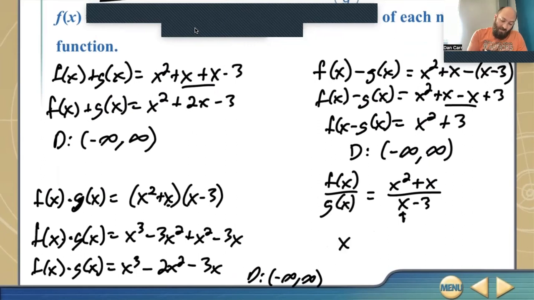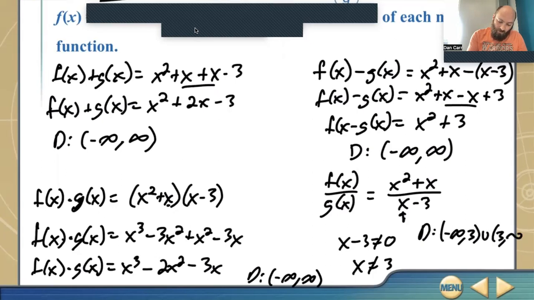So I could say x minus 3 cannot equal 0. So x cannot be 3. So as long as this function, f of x over g of x, exists, for our domain, we say it's negative infinity to 3, union 3 to infinity. So it's all real numbers except for a positive 3.